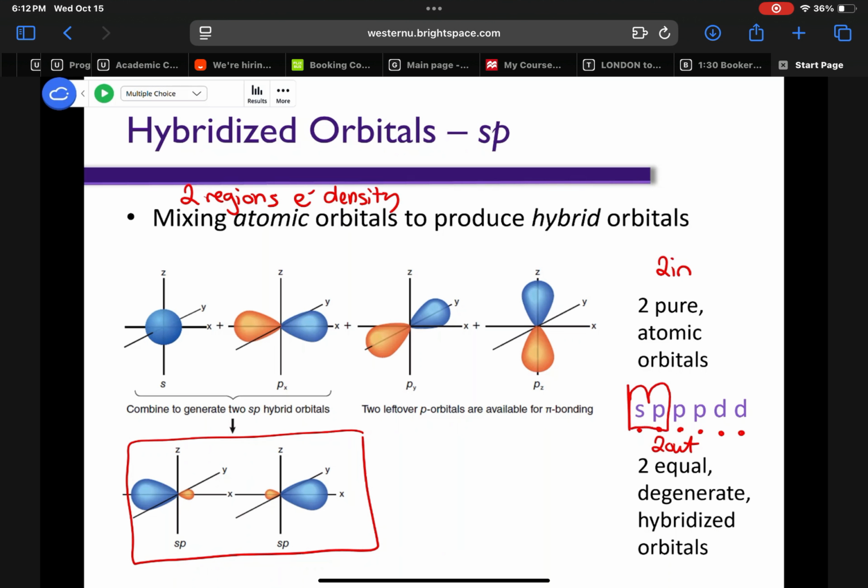I'm just going to put in s and p. So I take my s orbital, my pure atomic orbital. I put in my p, pure atomic orbital. I shake it up, my magic hybridizer, and out comes 2 identical degenerate orbitals. They're going to be as far apart from one another as possible, oriented in that direction, which reminds me of a linear arrangement.